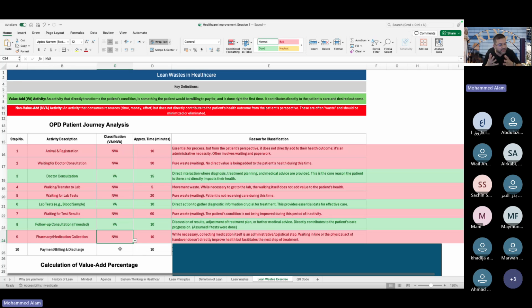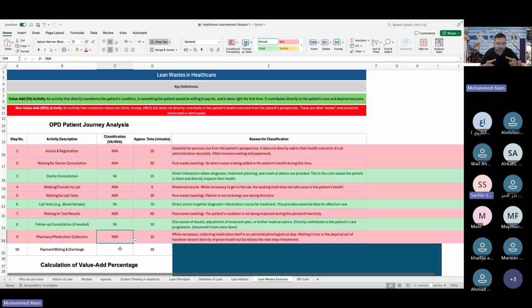If the patient thinks it's a value add activity, why is he so frustrated? Because for him, the value add activity is when the medicine is in his hands, not the process of taking the medication. The patient doesn't want to wait.